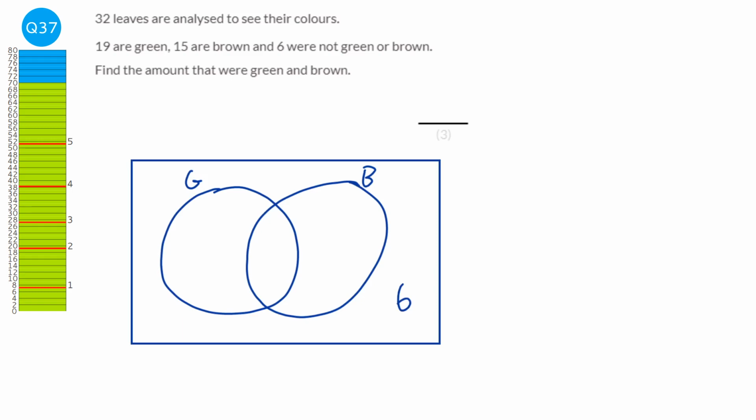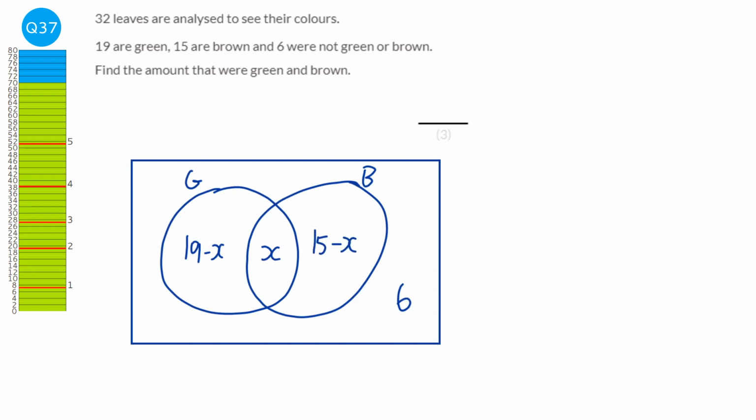We're told that 19 are green, but we don't know whether they're just green or a bit of both. So we can label the center X, and say that there are 19 take away X just green, because they could have been both green and brown. And for the brown we can do the same, so it'd be 15 minus X.